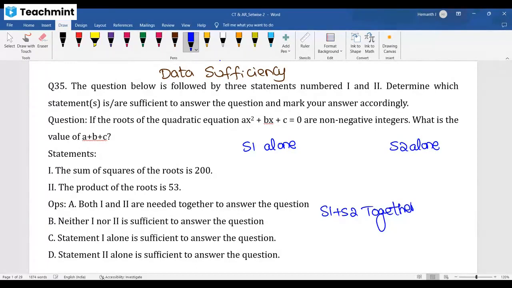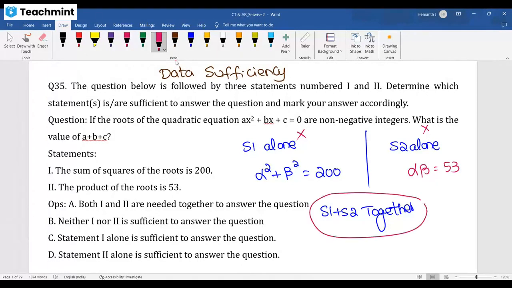Statement 1: the sum of the squares of the roots. If alpha and beta are roots, alpha square plus beta square is 200. Using that, I cannot find the quadratic equation. Statement 2 alone: alpha beta equal to 53. Using this alone also is not possible.